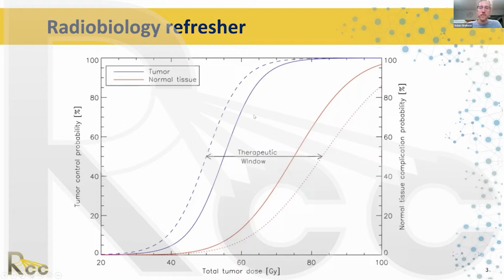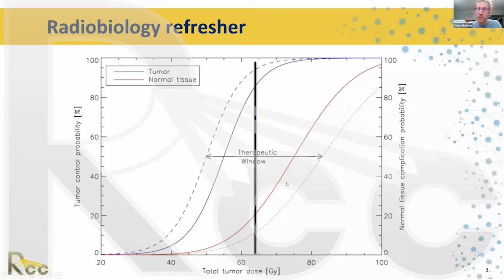And so if we put on a line of dose, whatever this dose is, it would give a tumor control probability of about 85%, and a normal tissue complication probability of about 20% or so.